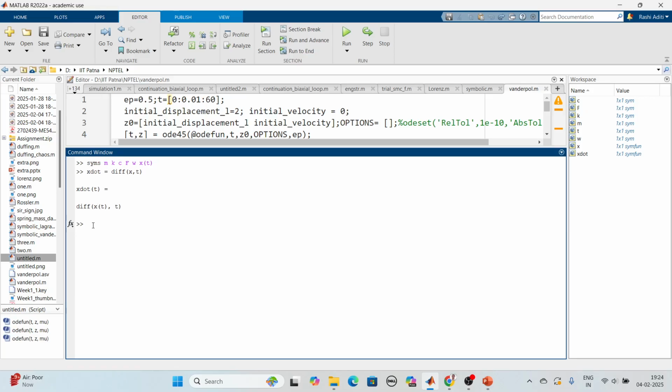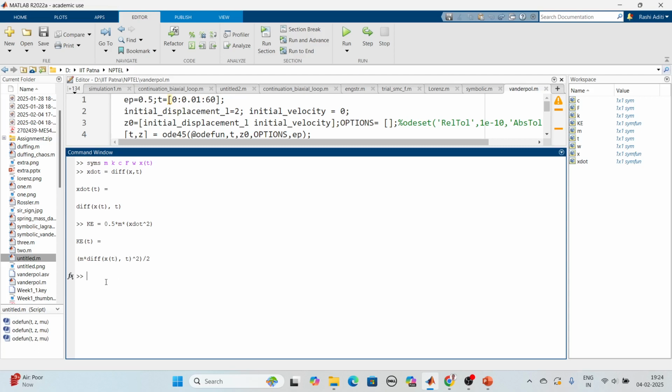Now let us define the kinetic energy, which is nothing but 0.5 into m into x dot square. Correct? Half m v square. See, it has defined m into velocity square divided by 2.